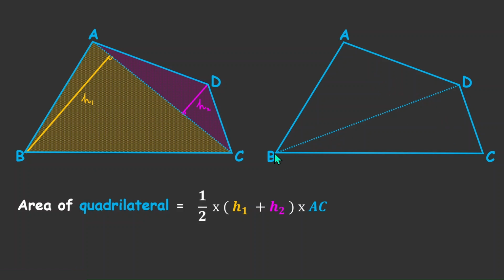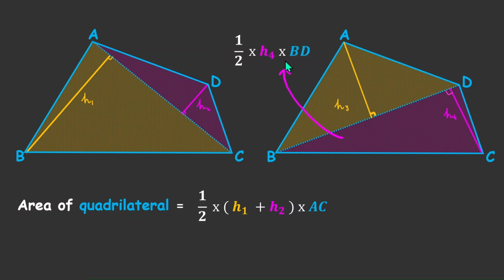So if we have to consider BD as the base, then one triangle is this and the other triangle is this. And let's take the perpendicular drop or the height of this triangle. Let's call this H3. And similarly, the perpendicular drop or the height of the pink triangle would be H4. And so the area of the pink triangle would be half into H4, but this time the base is BD.